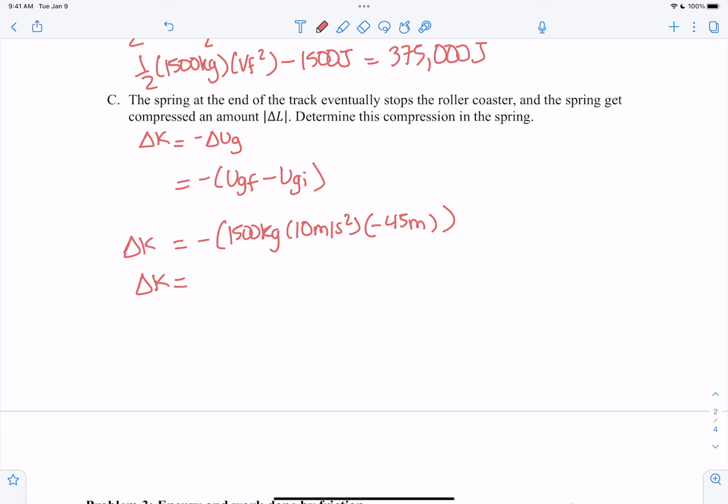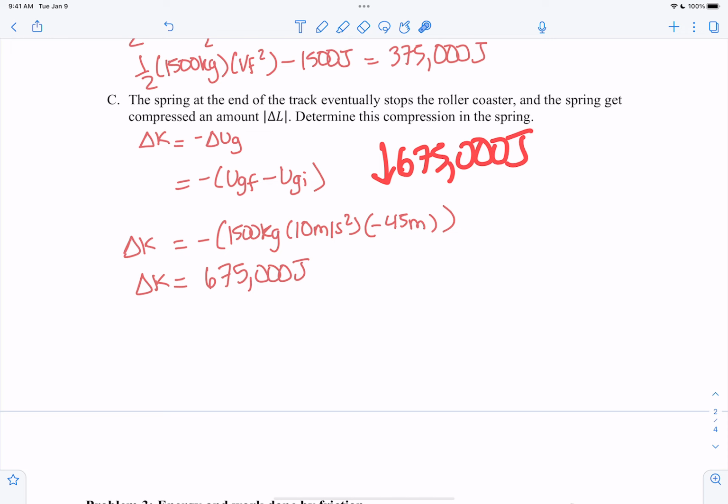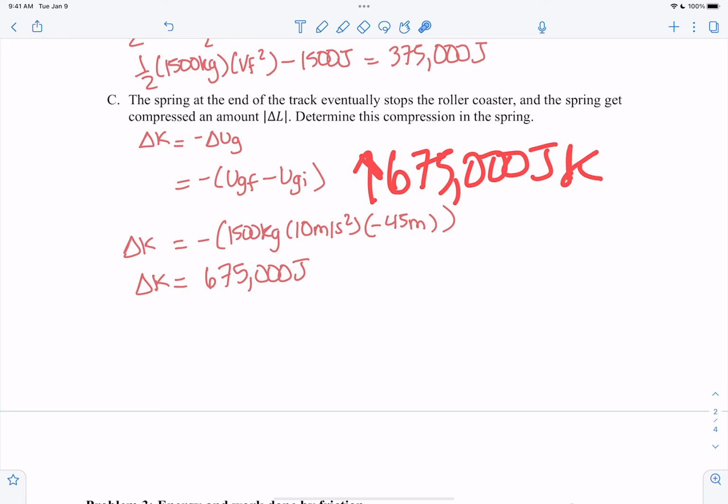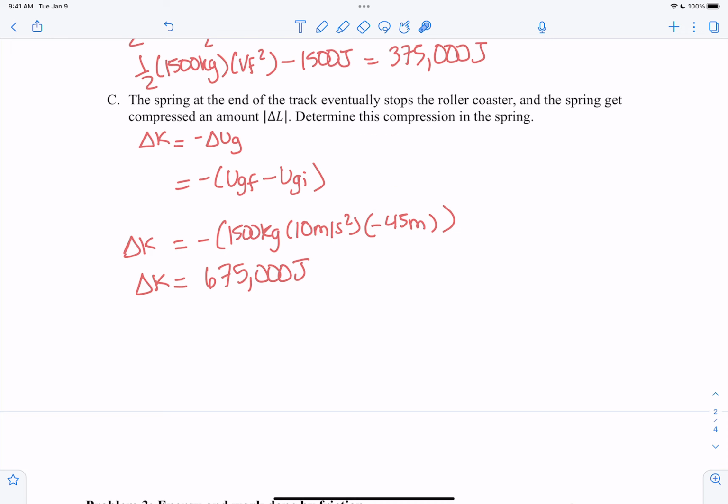This should be roughly 675,000 joules, right? So I saw a decrease of 675,000 joules from gravitational potential energy, and then a complete increase of 675,000 for kinetic. Now, that's how much my kinetic is at the bottom, right?